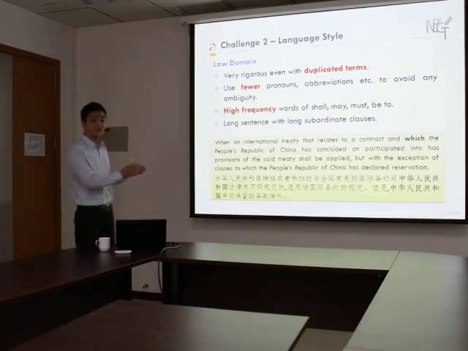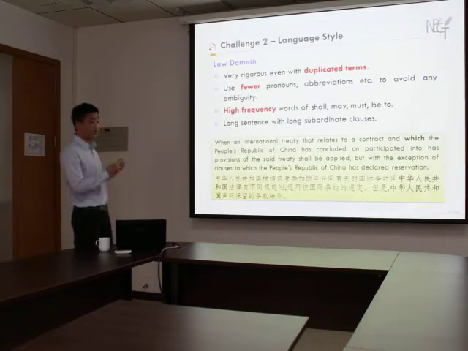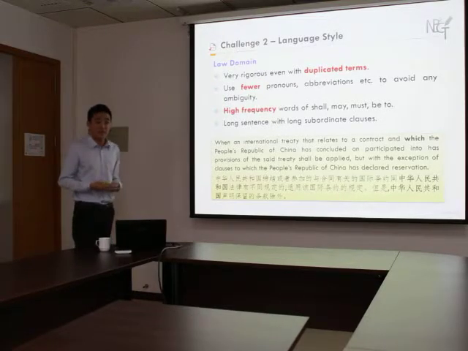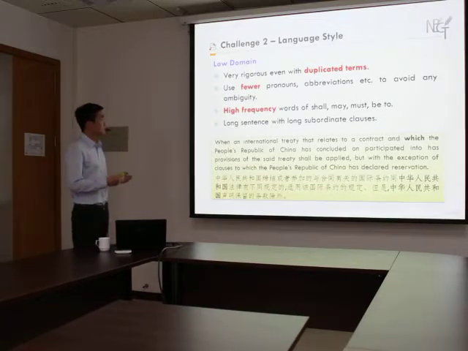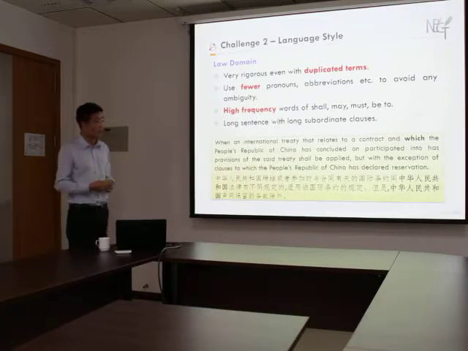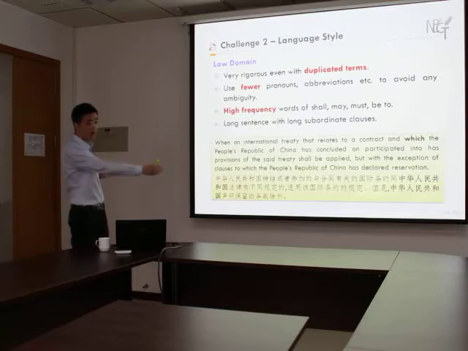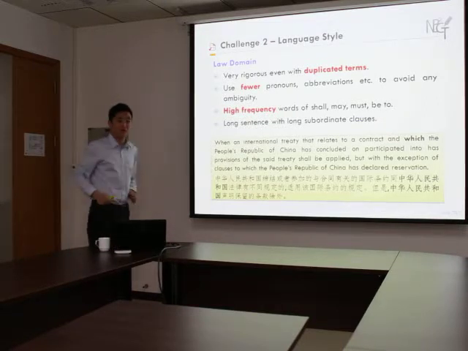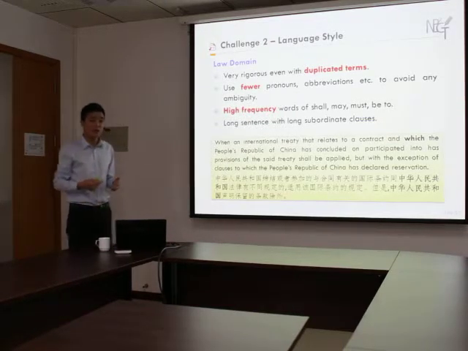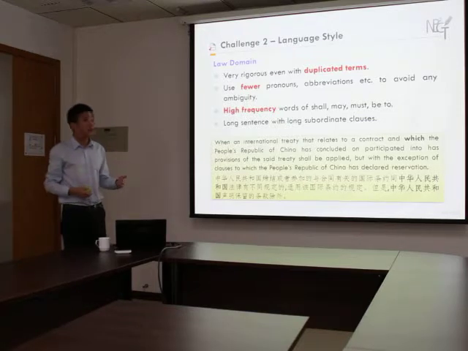It is very rigid, even with duplicate terms. It uses fewer pronouns or abbreviations to avoid any ambiguity. And also, the high-frequency words are shall, may, or must. On the whole, the sentences are very long with long subordinate clauses. Now we know sentences from different domains may have different language styles.